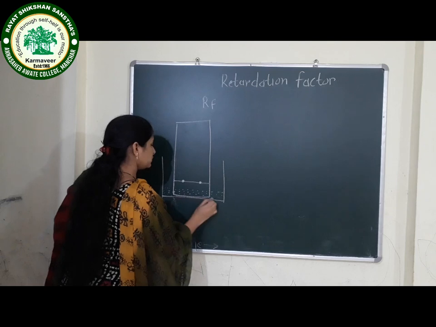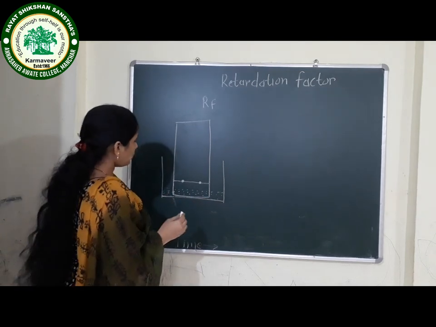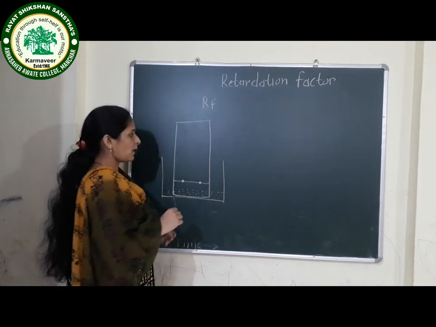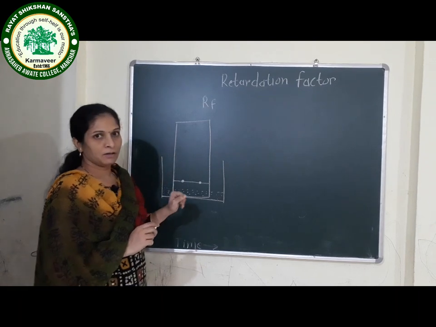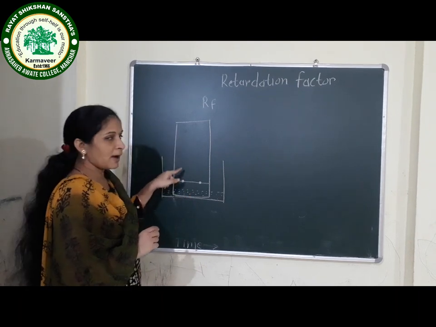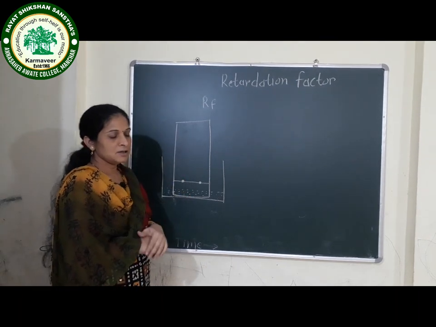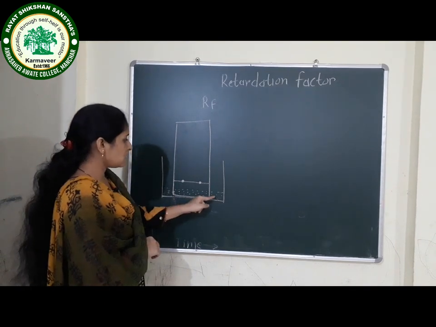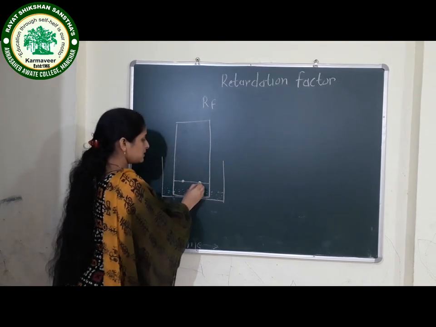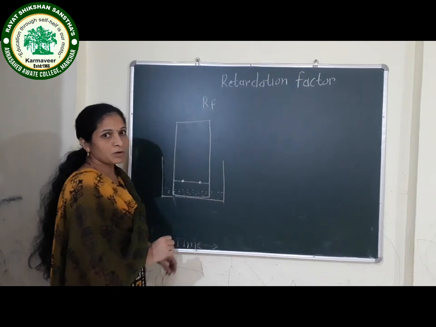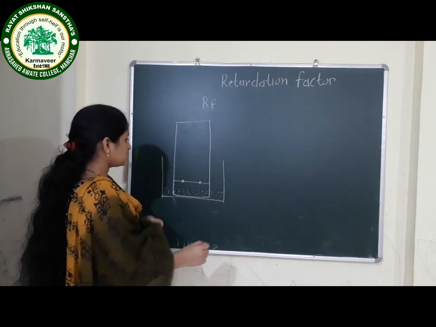Spotting should not dip in the mobile phase. Now what happens when we run this mobile phase on this TLC plate? This TLC plate is covered by the stationary phase such as silica, and this liquid means the mobile phase. This spotting means our sample.